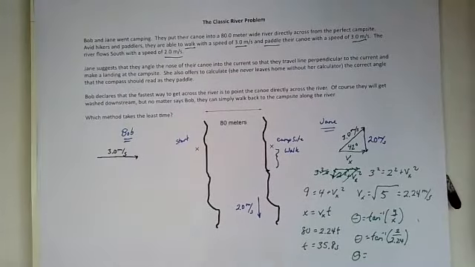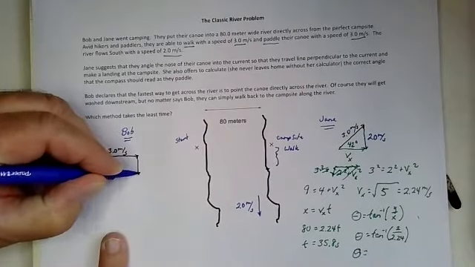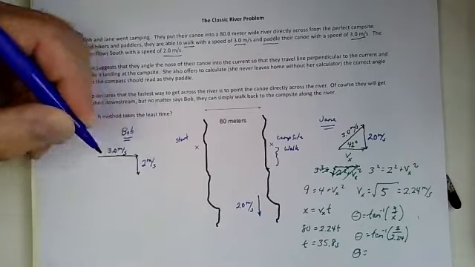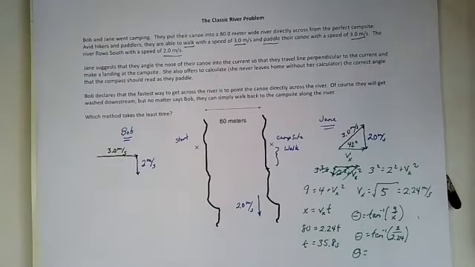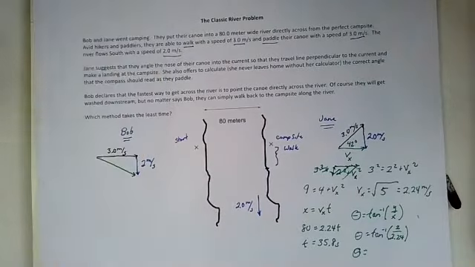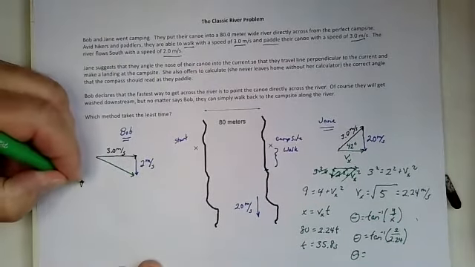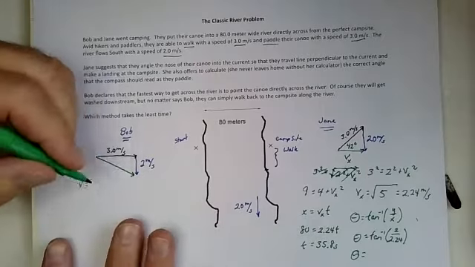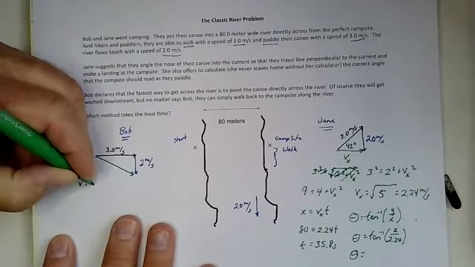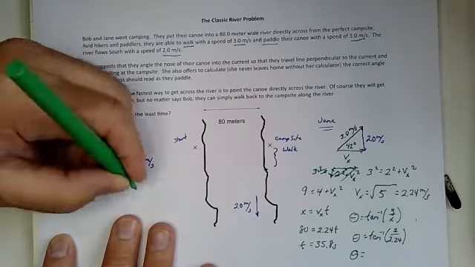And then we'll have to add the 2 meters per second. And so their resulting velocity is going to be at a downward angle. And the resulting speed that they're going to get is going to be equal to 3 squared plus 2 squared.